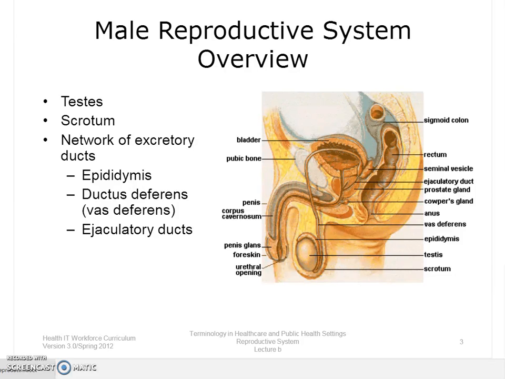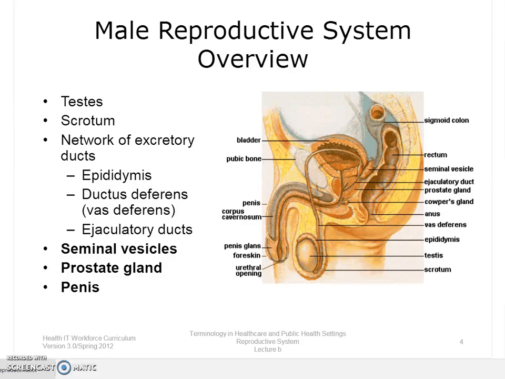penis. In addition to producing sperm, the testes also produce male hormones, which are responsible for development of the secondary sex characteristics, such as development of facial hair, pubic hair, and changes in the voice. The seminal vesicles are two structures lying behind the bladder.